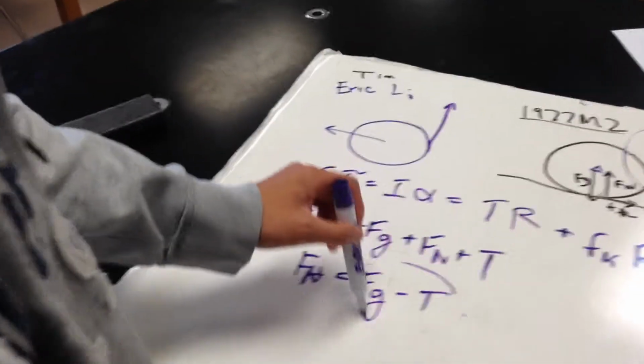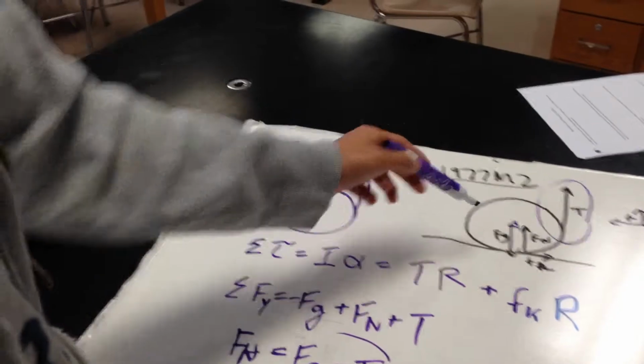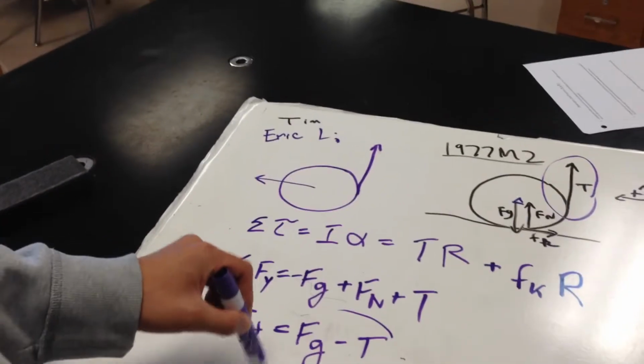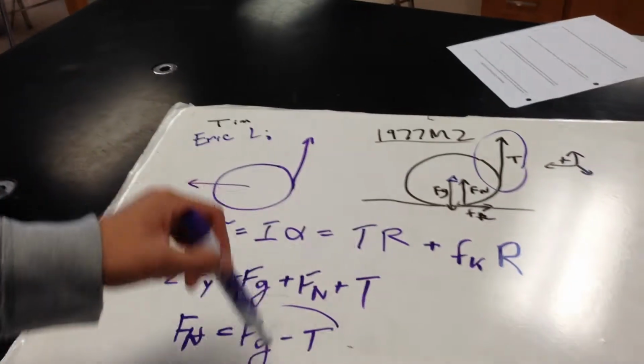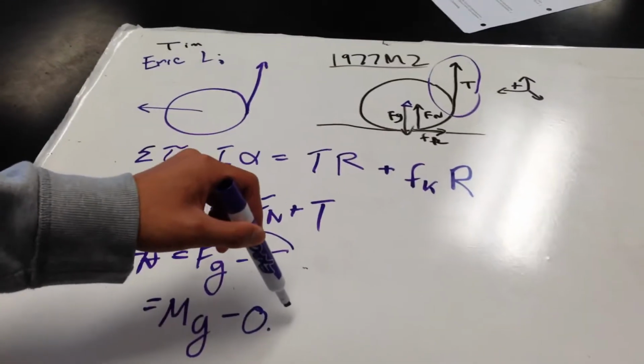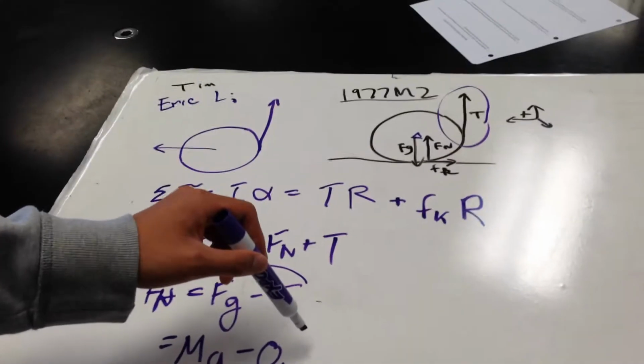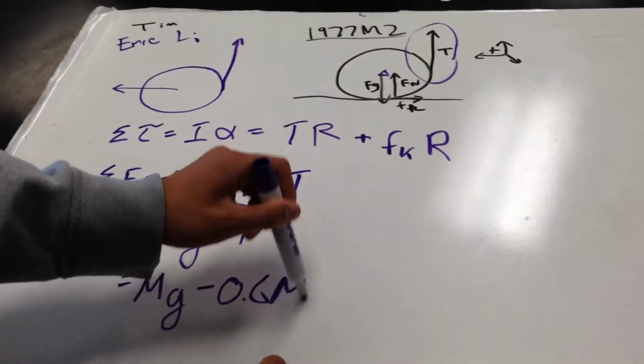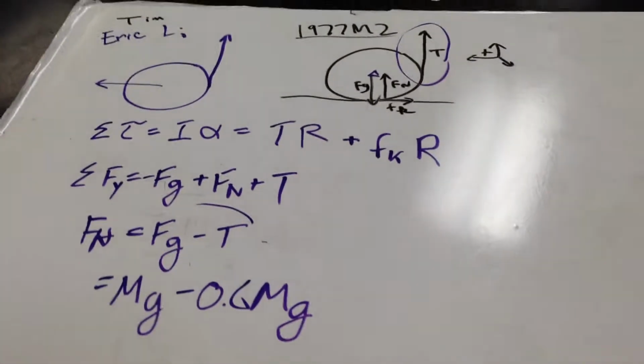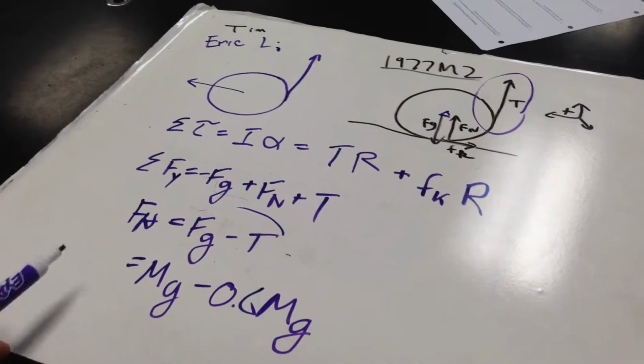And we know both of these values because we have the mass of the cylinder, so we can just say that this is mg. And they tell us that the tension force is 0.6. Is it 0.6? Yeah, it's 0.6 mg. Alrighty. So now we have force normal.